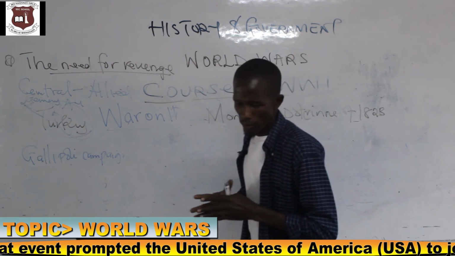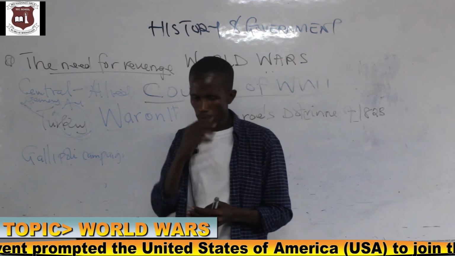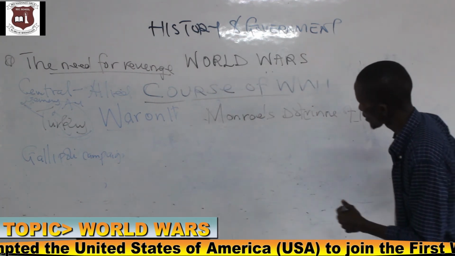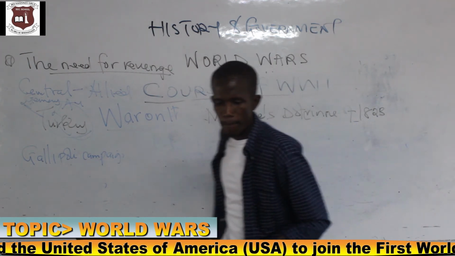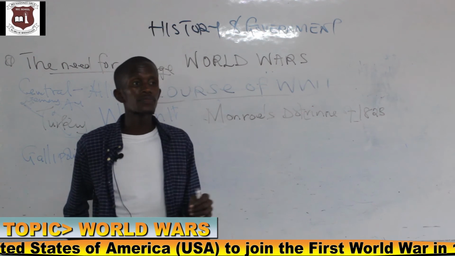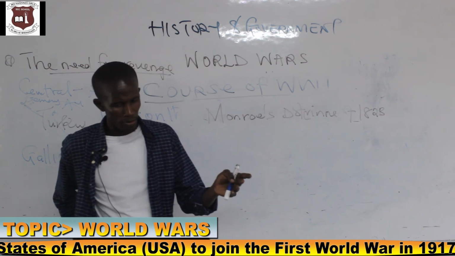Then another reason as to why they were motivated to join the war is that there was a secret telegraph by the German foreign minister. And what was it about?